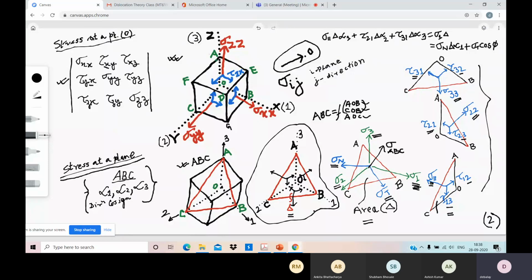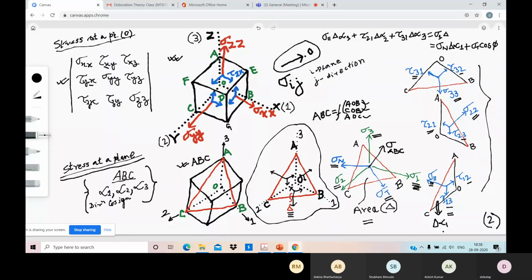We know the area of the ABC inclined plane is delta. So what is the area of AOC? You may think, and you will find the answer to be delta alpha 1, because the direction cosine of the ABC plane normal is alpha 1.